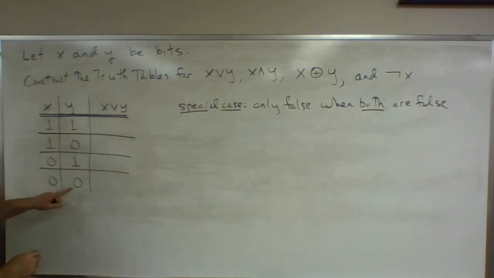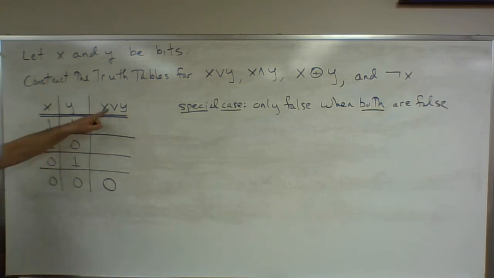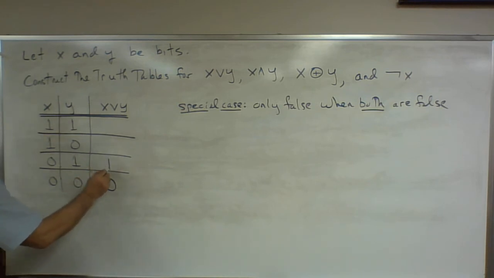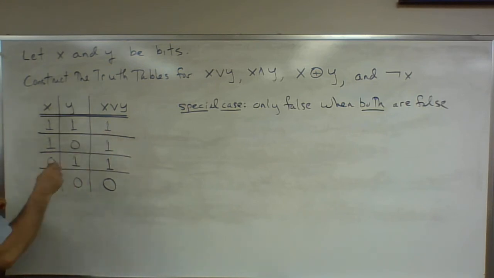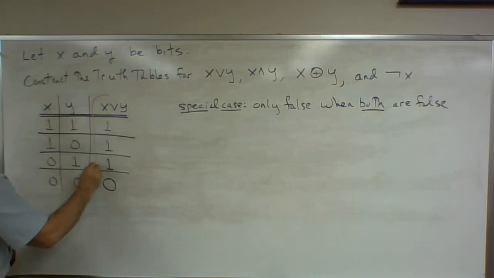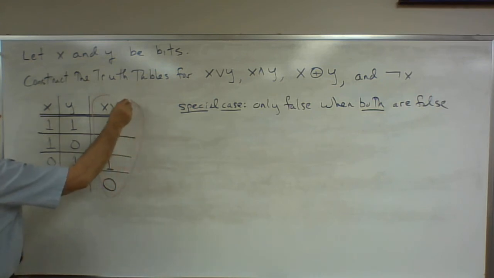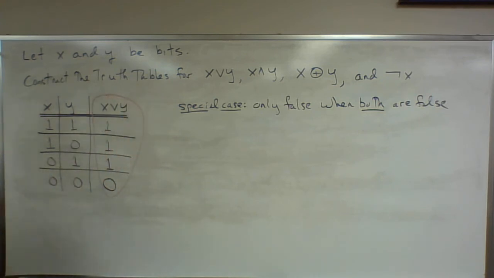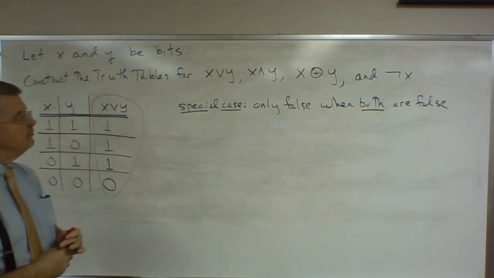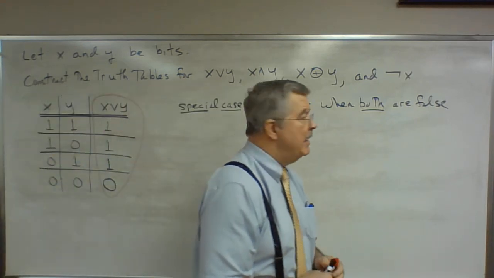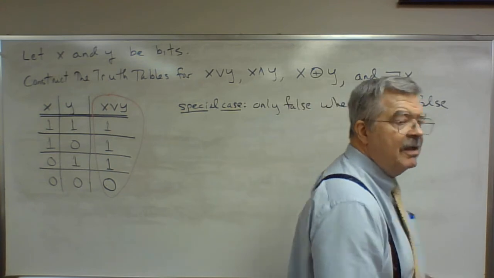Well, here they're both false. So the statement X or Y is false. All other cases, they're true. You know what? That wasn't hard at all. Well, we made short work of that one.